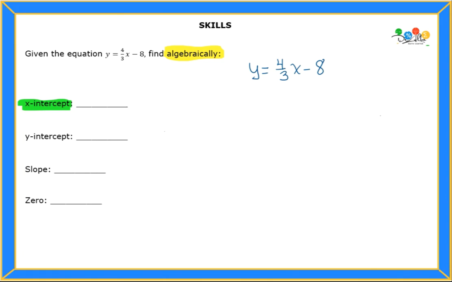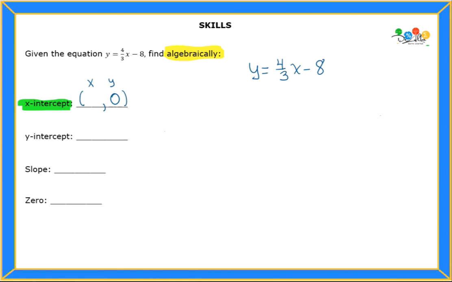The x-intercept has an ordered pair, which is a coordinate, with an x value and a y value. What's very important for you to remember about this point is that in the x-intercept, the y coordinate will always be a 0. Always.